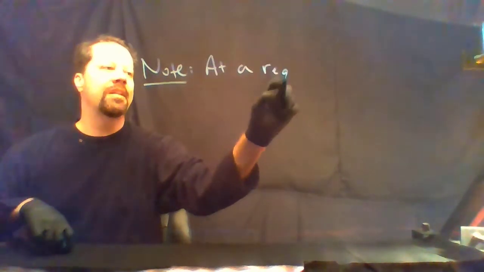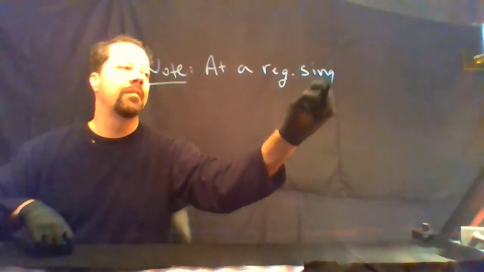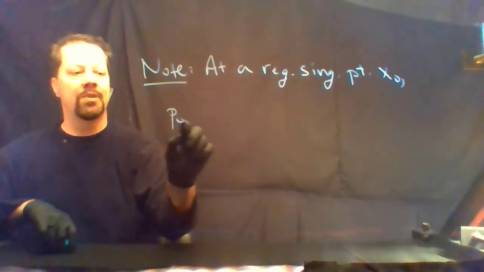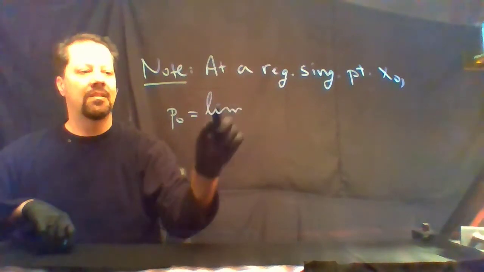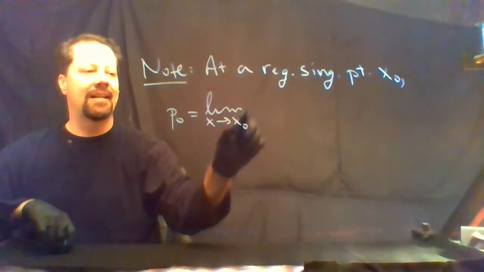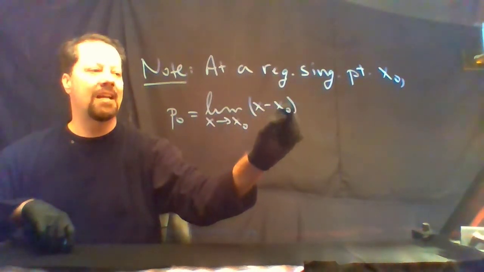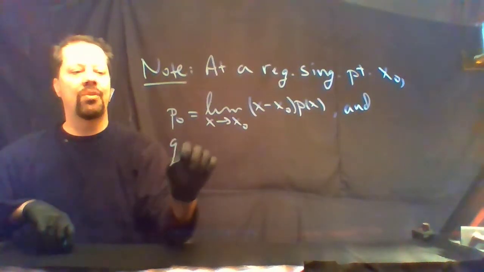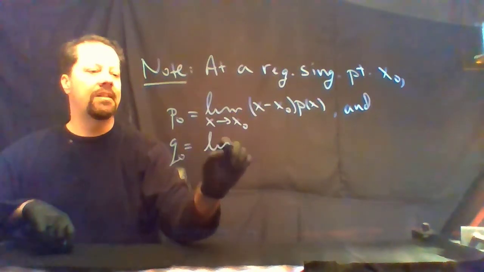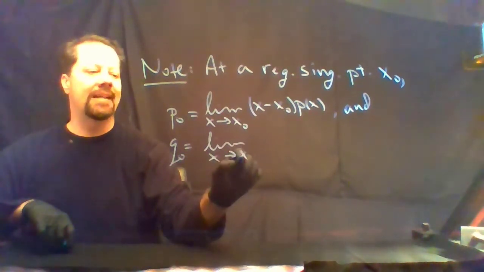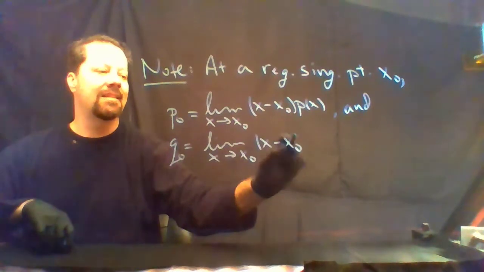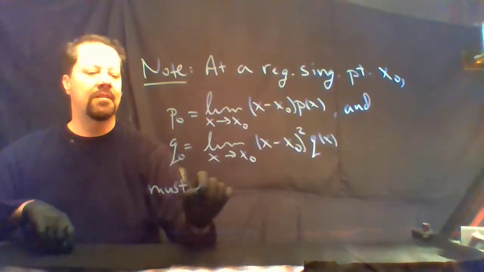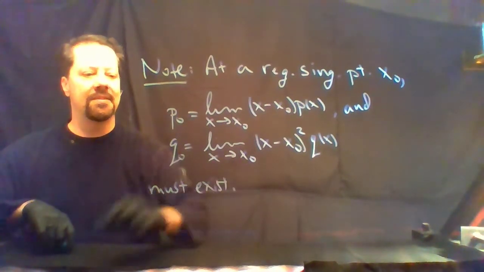Note, at a regular singular point x naught, these numbers, p naught, the limit as x goes to x naught of x minus x naught p of x, and q naught, which is the limit as x goes to x naught of x minus x naught squared q of x, must exist as finite limits.